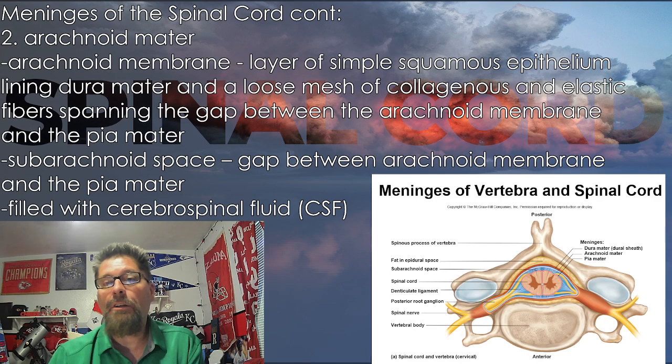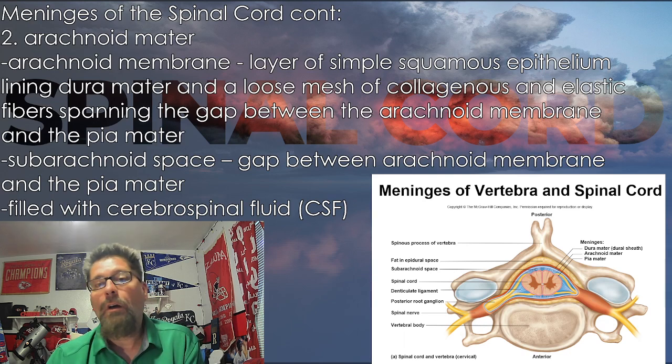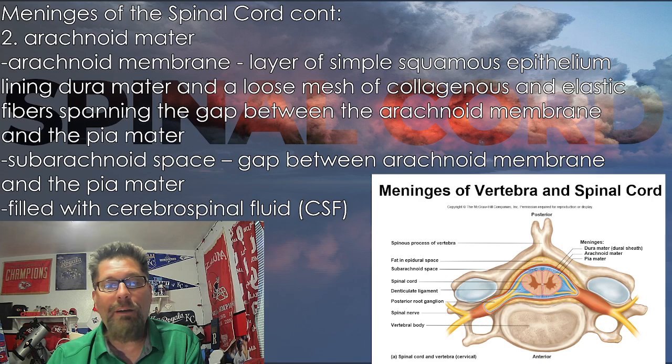The second section of the meninges to discuss is the arachnoid mater. Right away I said arachnid, arachnoid, such a reference to spiders. When I see that, I forget to change the "nid" to "noid." But arachnoid mater, and of course it is a reference to spiders, and I'll explain why that is.